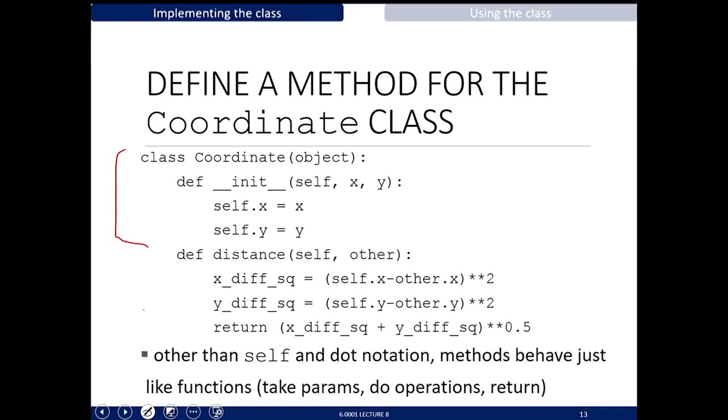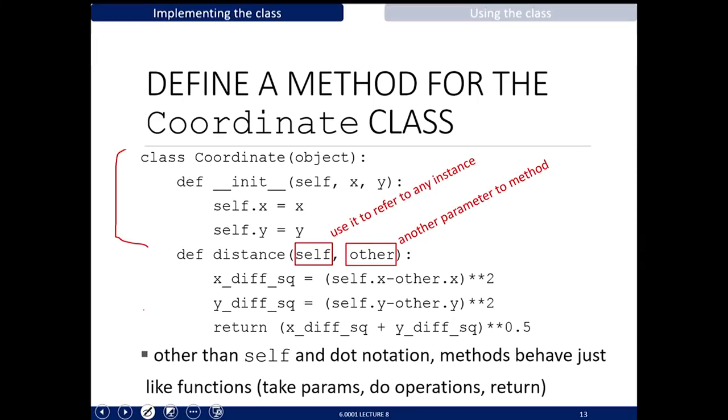This method is going to say, I'm going to define a method called distance, and I'm going to pass in 2 parameters. Remember, self, the first parameter, is always going to be the instance of an object that you're going to perform the operation on. By convention, it's always named self. Then for this particular method, I'm going to give it another parameter, and I can name this whatever I want.